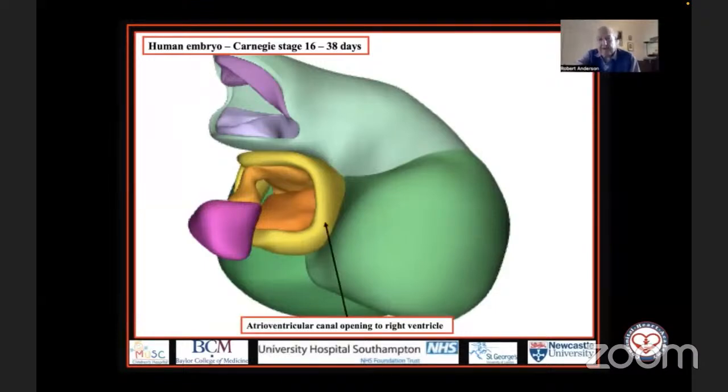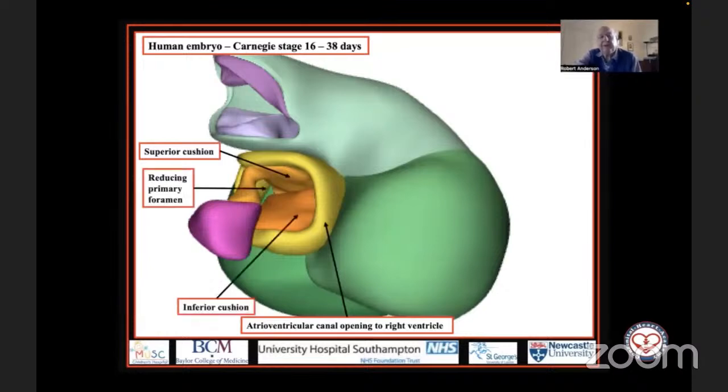Again, yellow is the atrioventricular canal myocardium, but now the atrioventricular canal has expanded and it's opening directly into the right ventricle. Within the canal, we can see the two cushions, but we can also see the growth of the primary atrial septum.